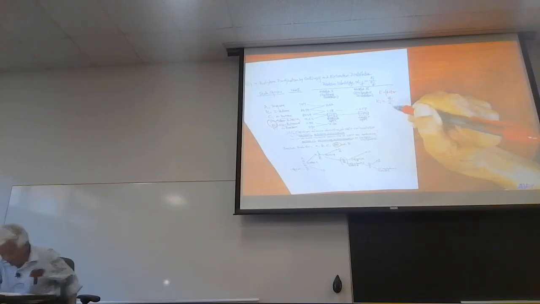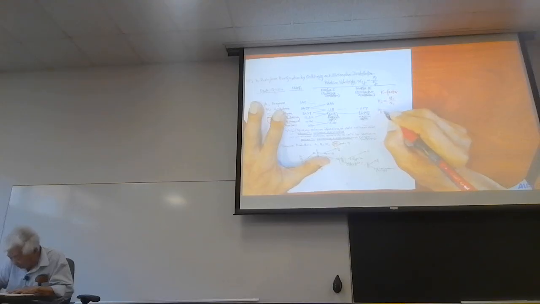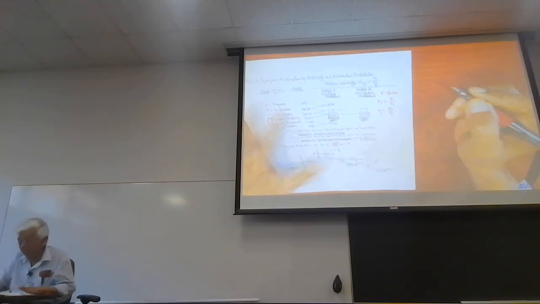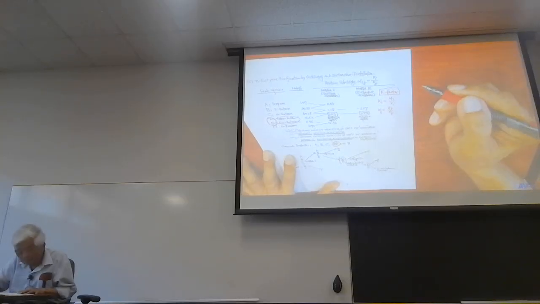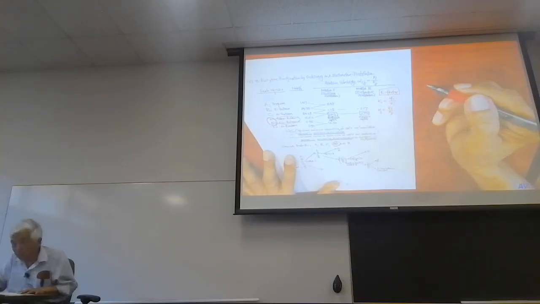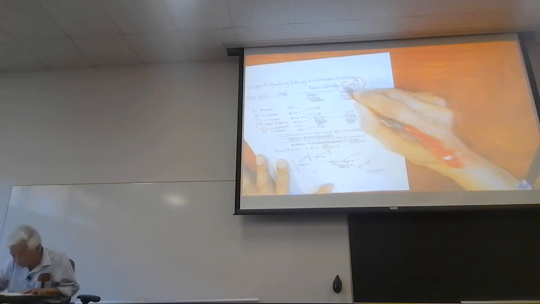Ki, Kj, another component, Yj, Xj. This is K factor. What is relative volatility? Ratio of Ki over Kj.